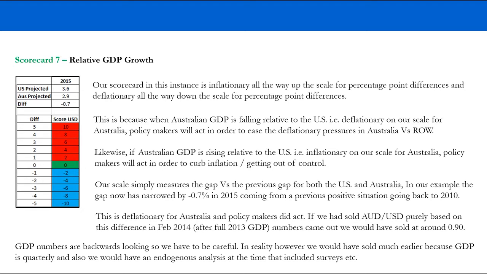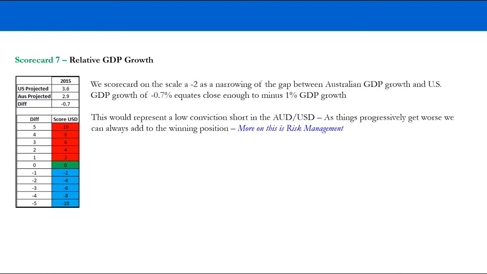But knowing how the Forex markets work, we know that we can't sell another currency without buying another. So the Aussie dollar, US dollar exchange rate, when we express our view using this instrument on relative GDP of two countries against each other, we're looking at it as one asset. And the scorecard on the scale we get here is a -2.